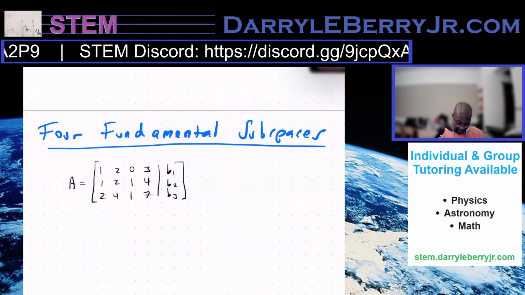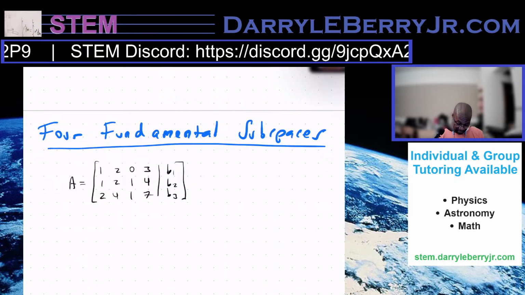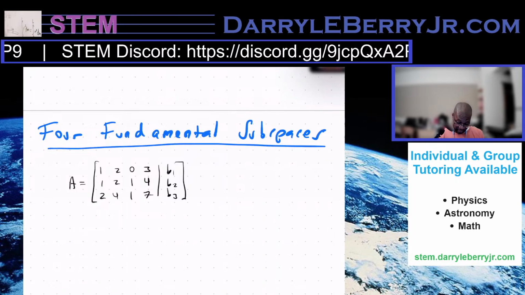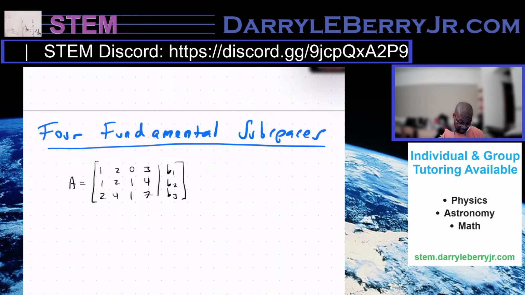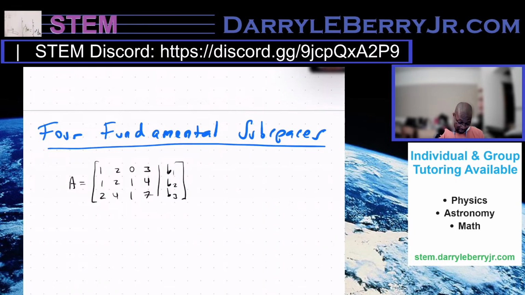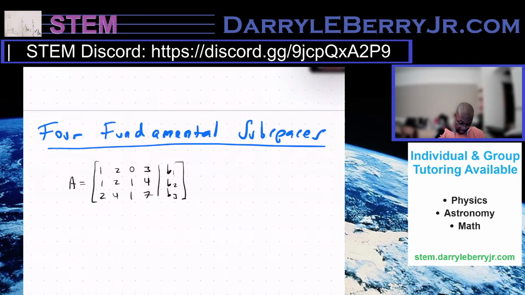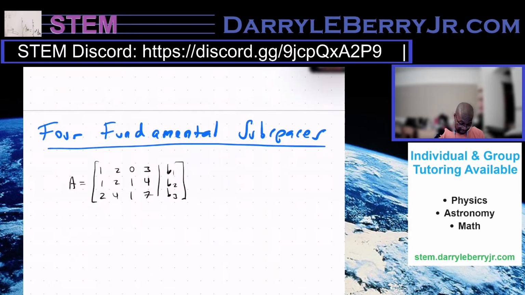And the constraint equation is the left null space. So the constraint equation we got is this.